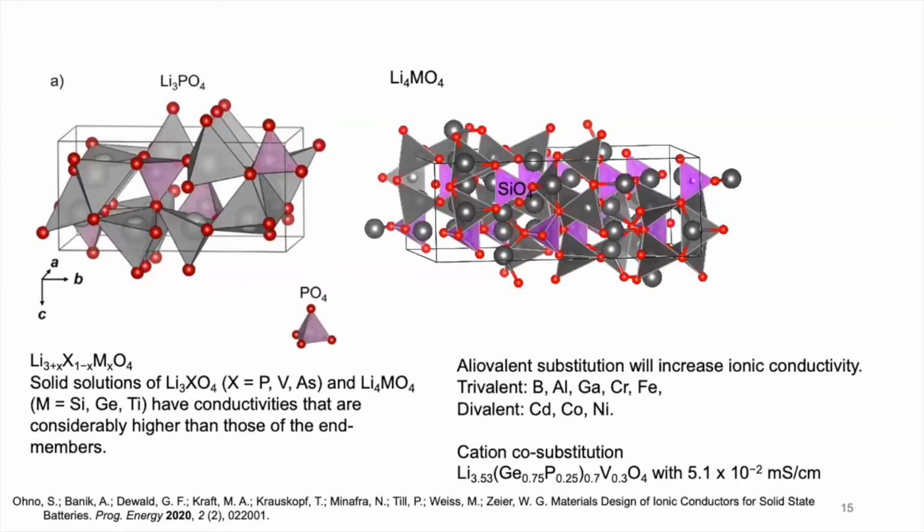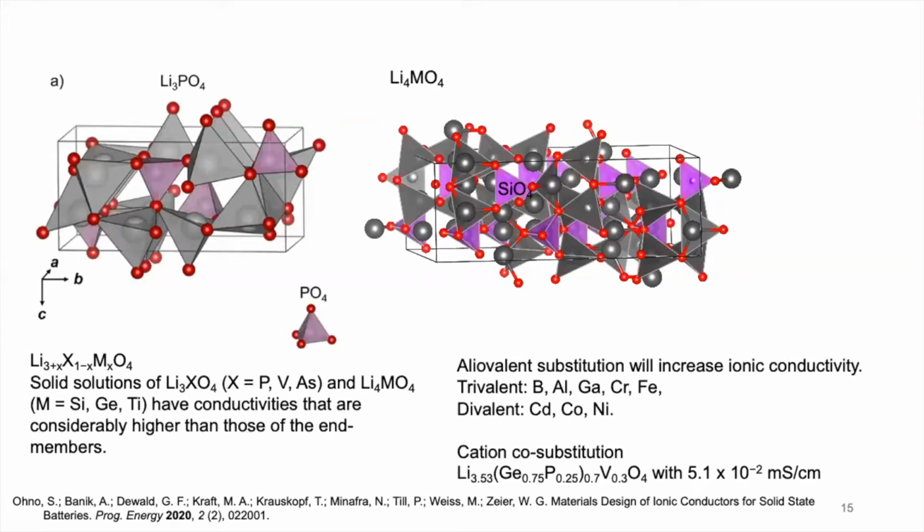Okay. Then there's also, you can mix different elements, but you can mix what's called aliovalent substitution. So you mix different oxidation states together. So you can put in trivalent, so 3+ cation. You can also put in divalent, so 2+ cation. And this competition between the oxidation states will also create vacancies for charge neutrality. So if you put something in that's 2+ on a site that was 3+, right?